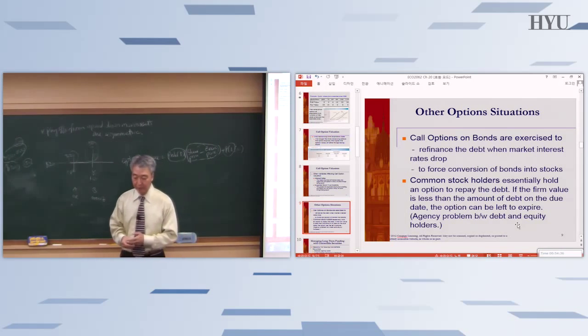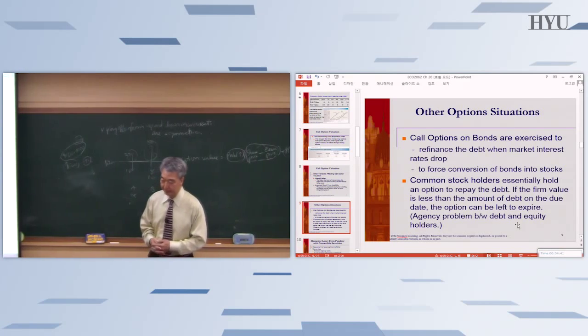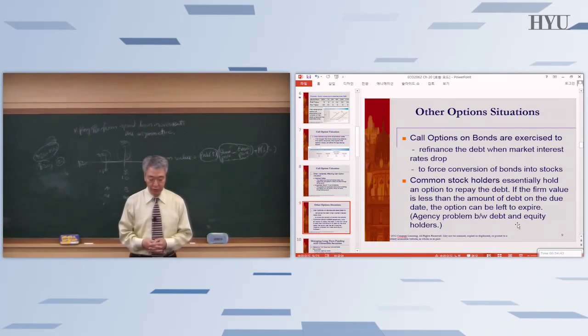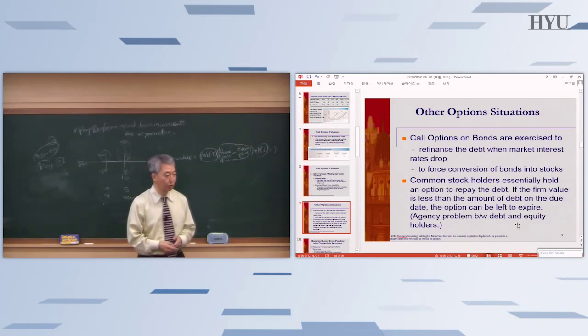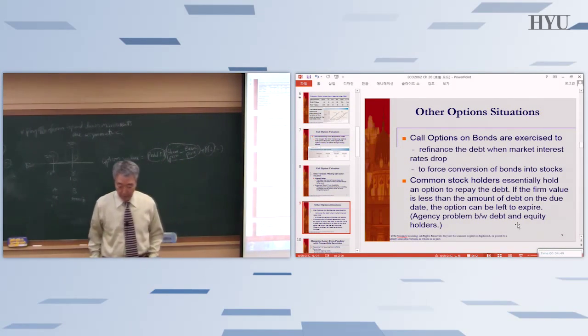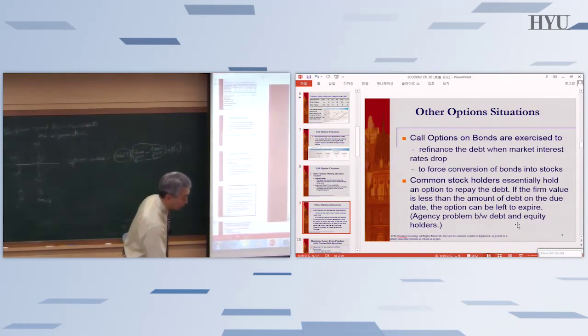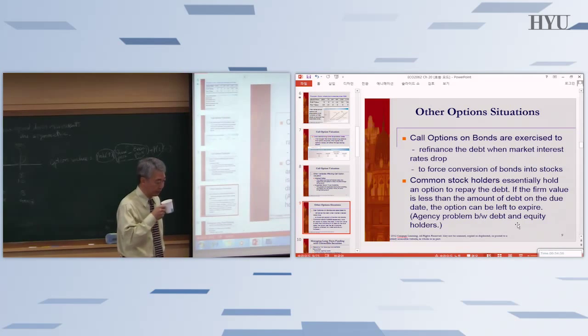Once we understand these basic concepts of options, we can think about some other similar situations in the market. Call option on bonds. I'm sure you have learned about this, callable bonds.